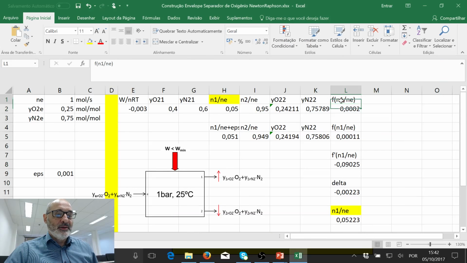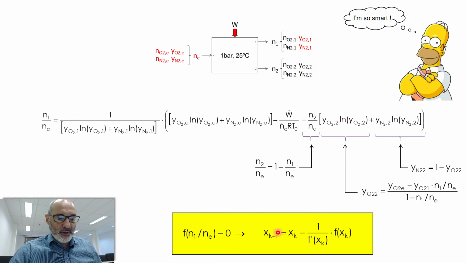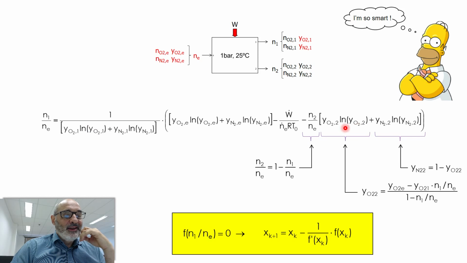F of x. So this is f of x. X is N1 divided by Ne, okay? Now, in order to implement Newton-Raphson, I need to calculate the derivative of f, which is this monster here, in terms of N1 divided by Ne, okay?